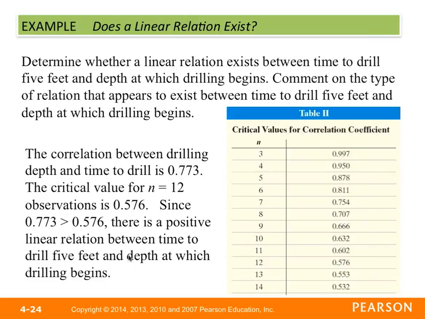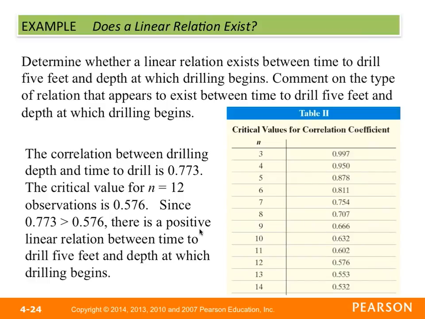And the reason that we can say that it's positive is because the correlation coefficient was positive. It was 0.773. If the correlation coefficient had been negative, then we would have concluded that there is a negative linear relation. So you're always looking up the absolute value on this table, and then the actual sign on your correlation coefficient determines whether there's a positive or a negative linear relation.